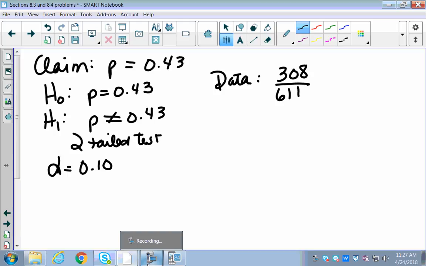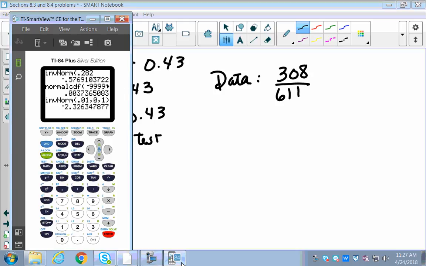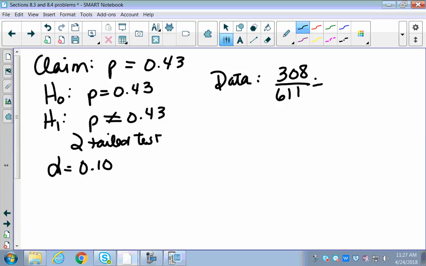And if you take 308 divided by 611, that's 0.504.